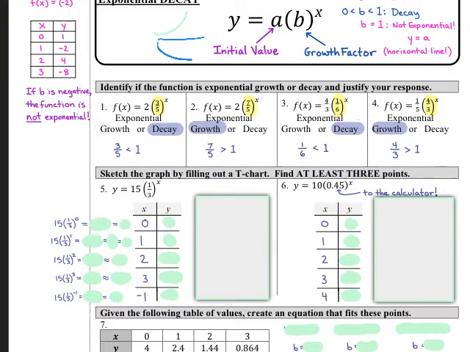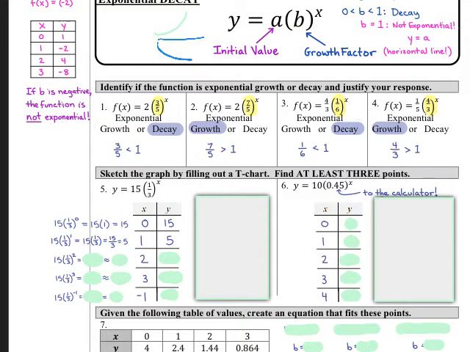I have all of them worked out over here on the left side. If we put a 0 in for x, then 1/3 to the 0 power is 1. 1 times 15 is 15. So we start, as always, when x is 0, with your function equal to that a value, the number out in front of the parentheses. Well, what happens when x is 1?